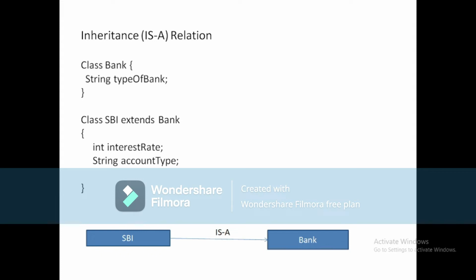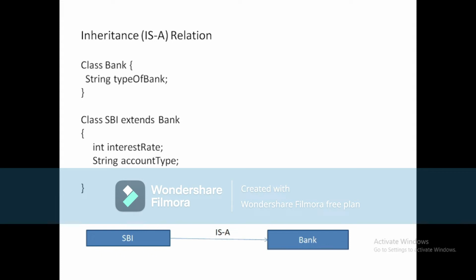So the relationship between bank and SBI is an is-a relationship. We can say SBI is a bank, right? In future, if I create an ICICI class, then I'll extend the bank with the ICICI class, and we can say ICICI is a bank.